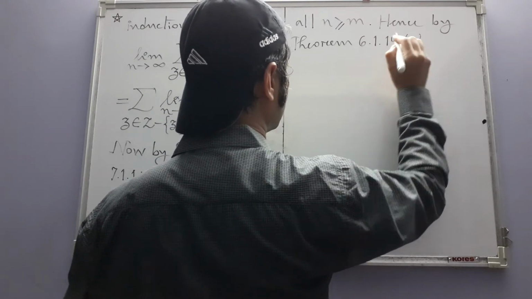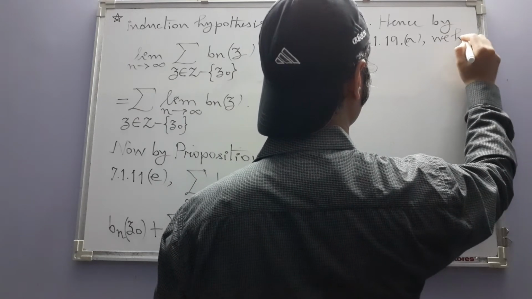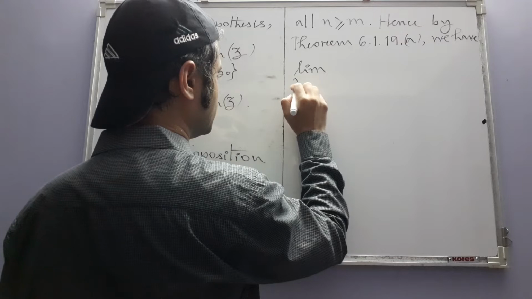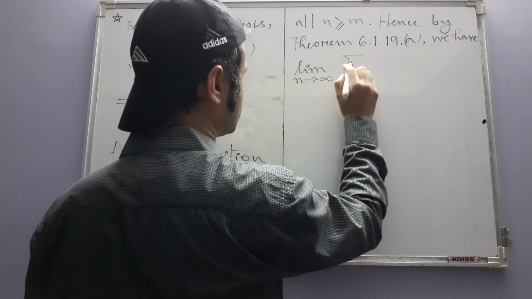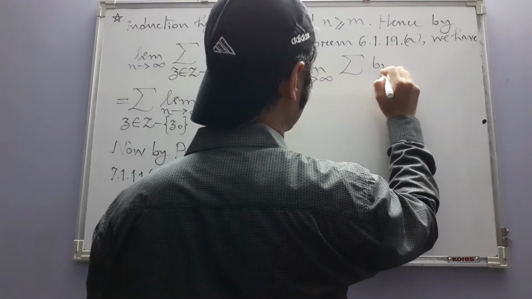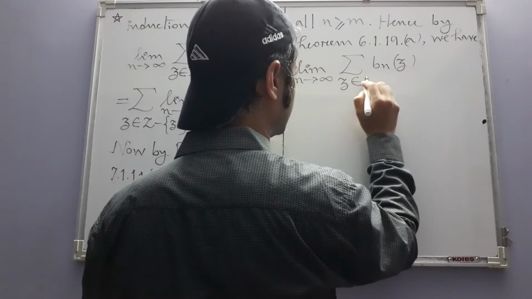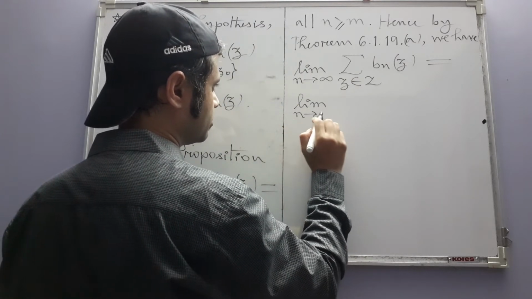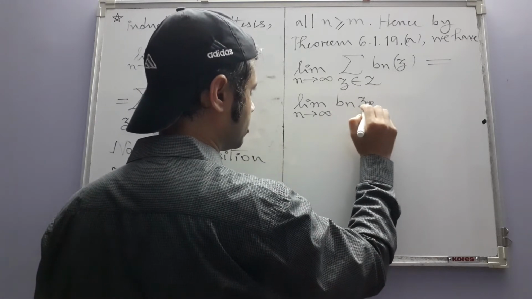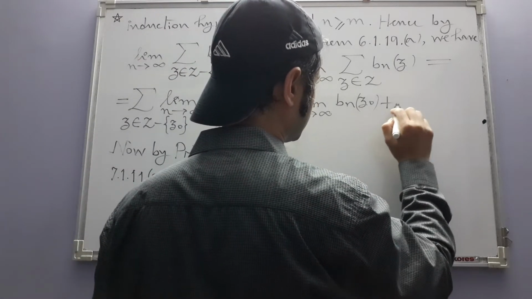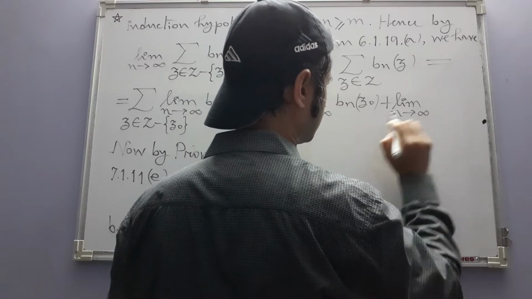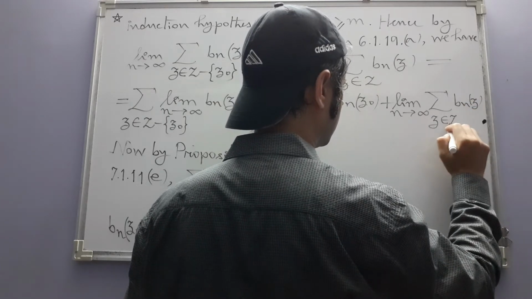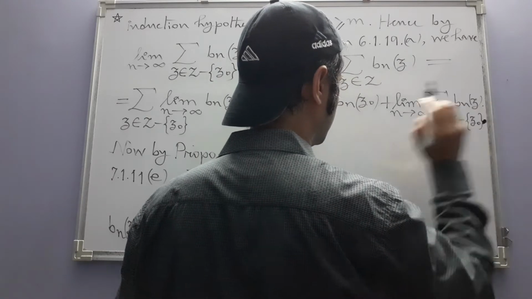A. We have limit as n tends to infinity summation of Pn z as z varies over the set Z is equal to limit as n tends to infinity Pn z naught plus limit as n tends to infinity summation of Pn z, where here z belongs to this.